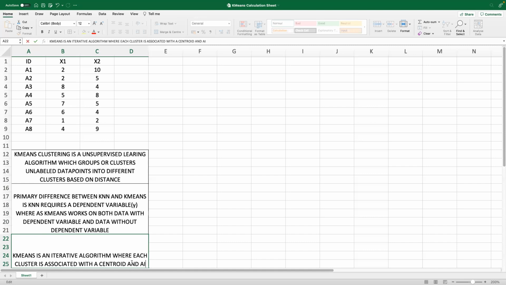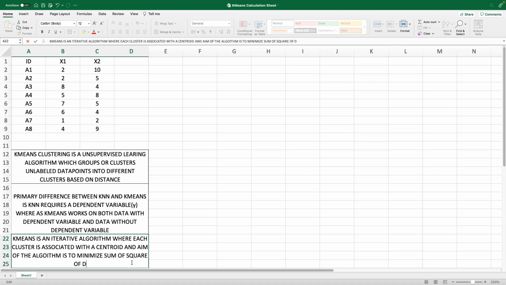And the aim of the algorithm is to minimize the sum of square of distance between the observations and centroid.